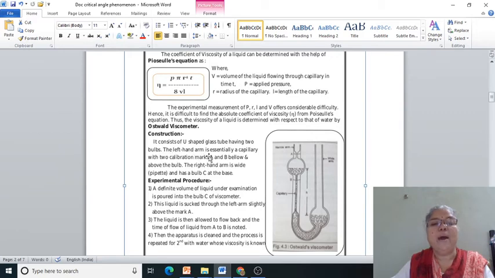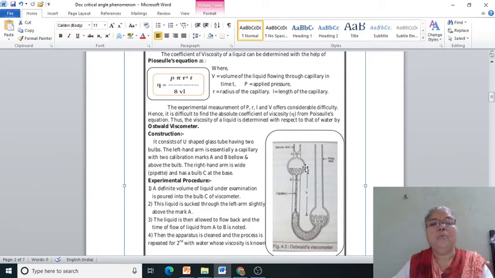The left arm is essentially a capillary with two calibration marks, the upper mark and the lower mark, and the right-hand arm is wide, pipette shaped, and it has a bulb. This is the bulb at the base. This is the construction of Ostwald's viscometer.